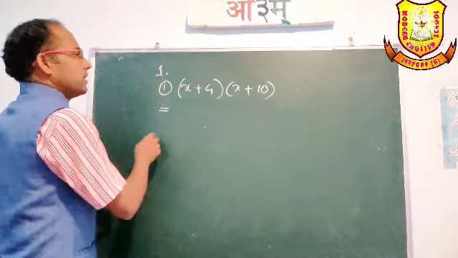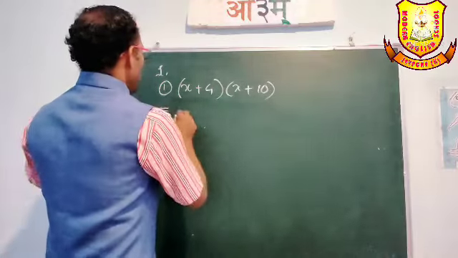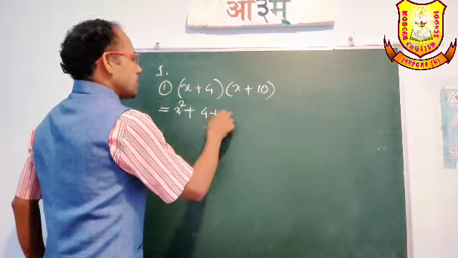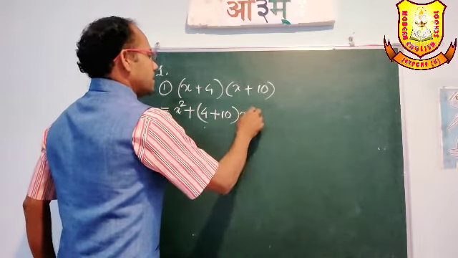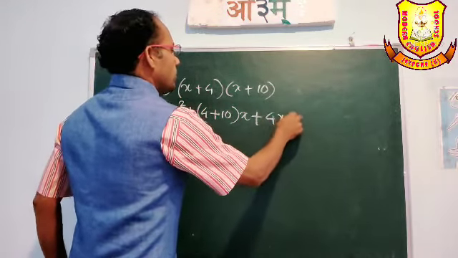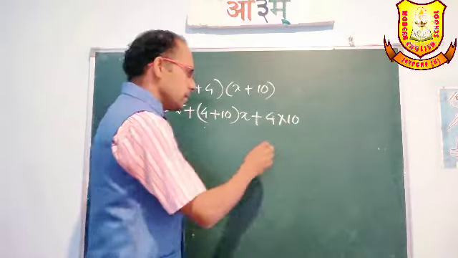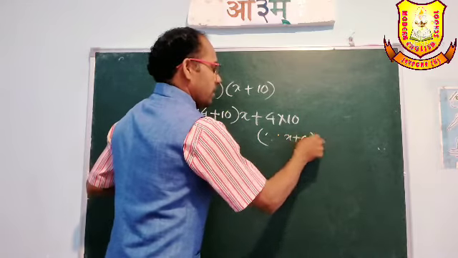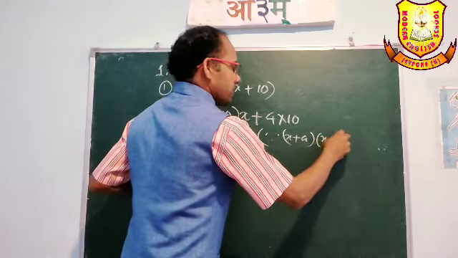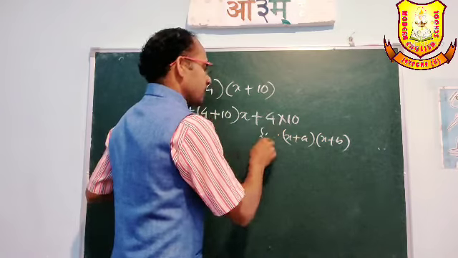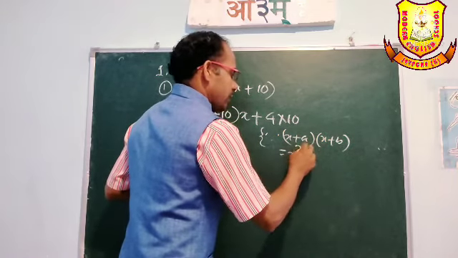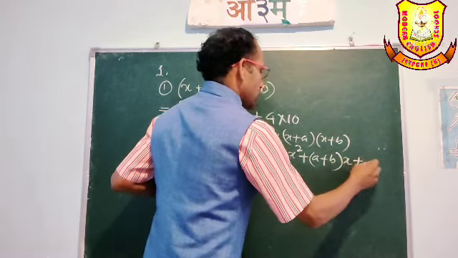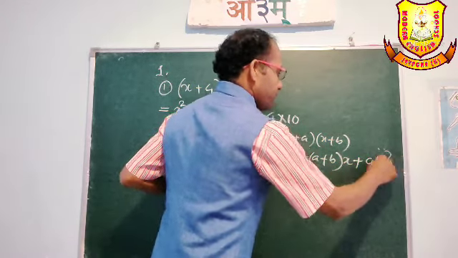This is equal to x square plus (4 plus 10) whole into x plus 4 into 10. Why? Here you have to write (x plus a) whole into (x plus b) is equal to x square plus (a plus b) whole into x plus ab.